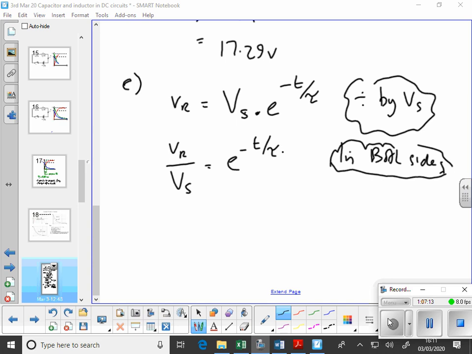So with the ln on both sides, ln of VR over Vs is equal to minus t over tau. Next, multiply by tau.